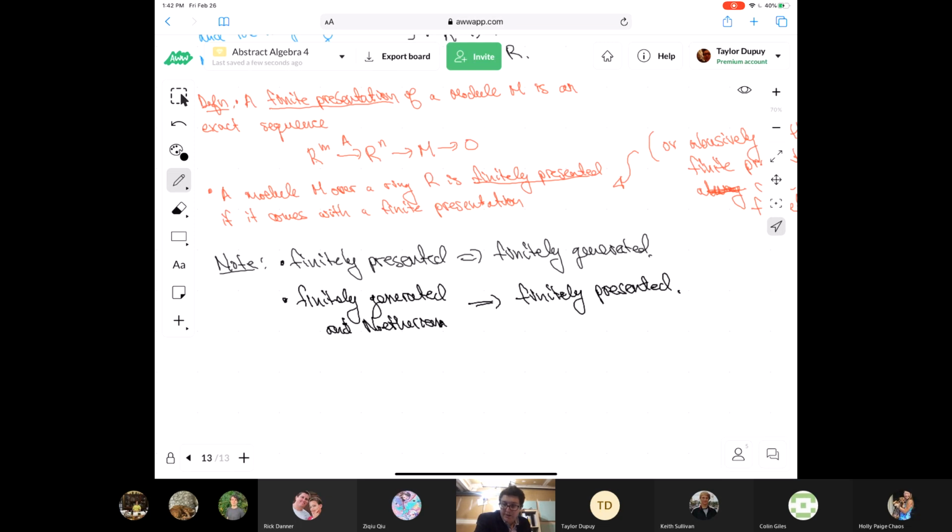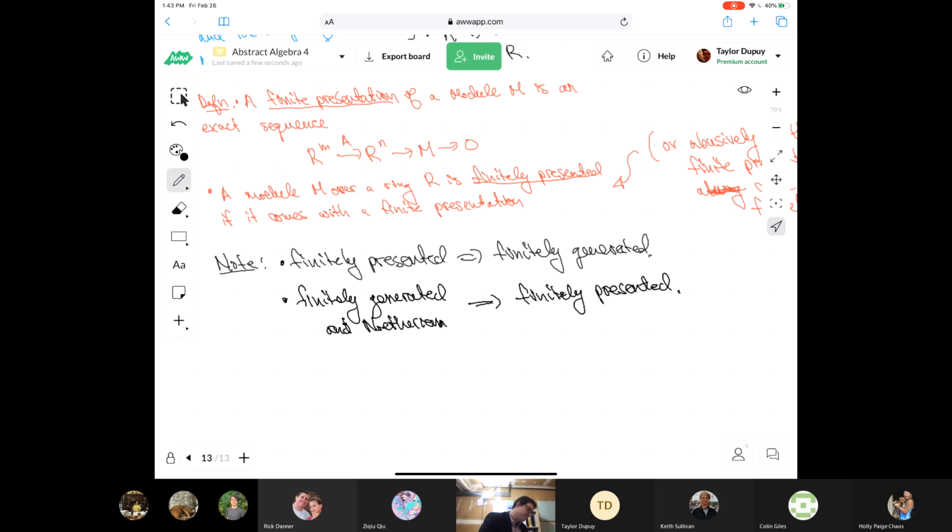If I give you the generators, then you can look at the kernel and start to build the presentation. But just because it's finitely generated doesn't mean I've handed you the module with the generators. It's like the difference between handing you a vector space with a basis and handing you a vector space and knowing that a basis exists, right? That's the distinction that I'm making.